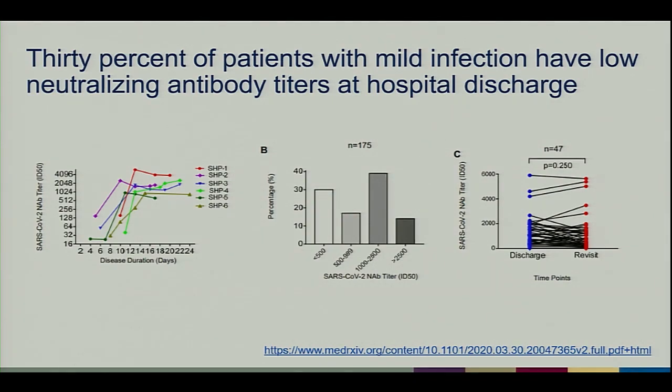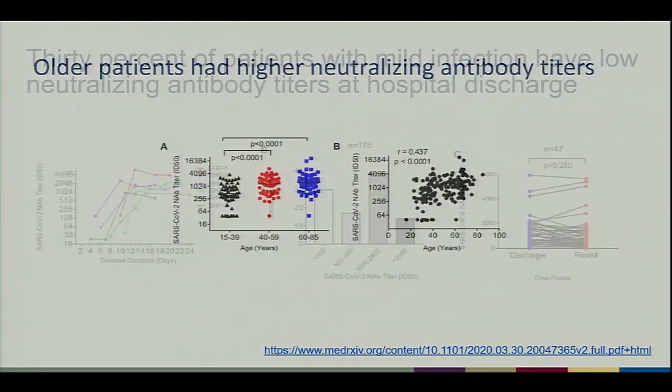And this is using a pseudovirus neutralization assay, and they have found that 30% of the patients in their cohort have titers less than 500. So 30% of patients with mild infection had low neutralizing antibodies at discharge. And between discharge and their revisit of 47 patients, they saw no major changes in the neutralizing antibody responses. Next slide, please.